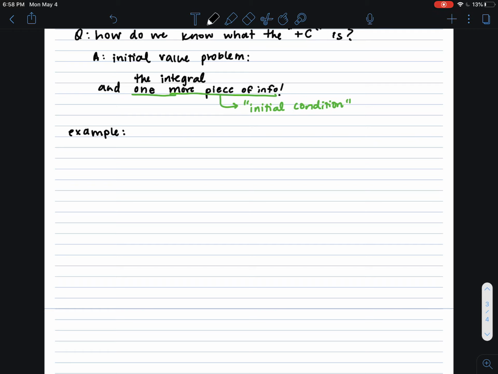So this is a word problem. I'll just write it out first.